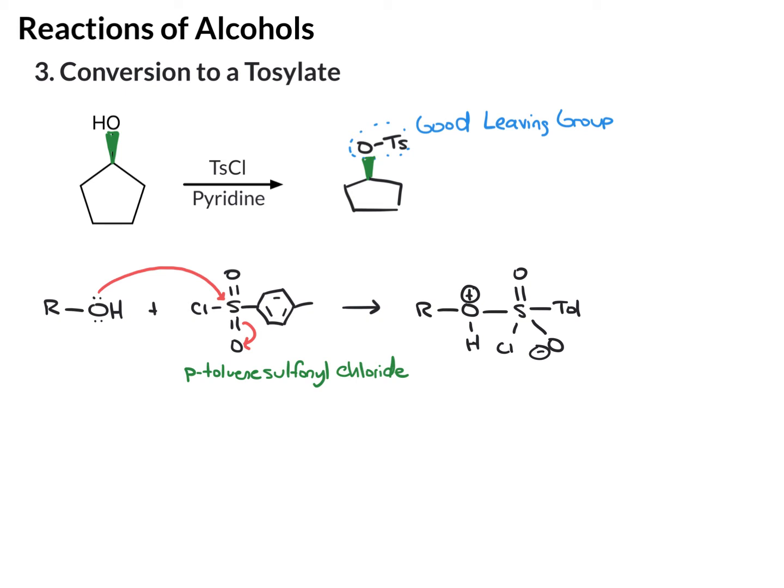Now you'll notice that in this reaction we also have pyridine present. You should know the structure of pyridine. We've discussed that before. Pyridine is a base. So what happens next is the pyridine gets involved. The lone pair on that nitrogen acts as a base, and it takes the proton off of the oxygen to make it neutral.